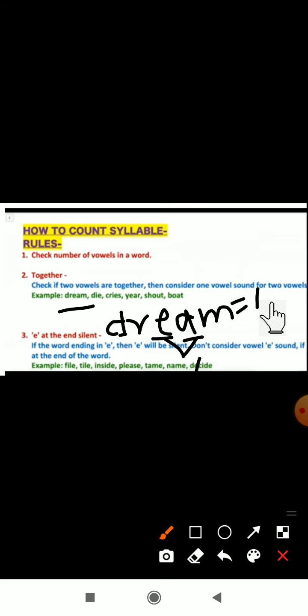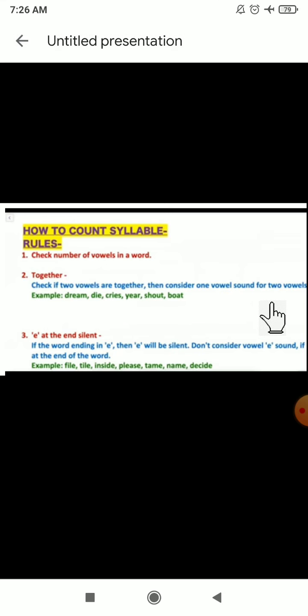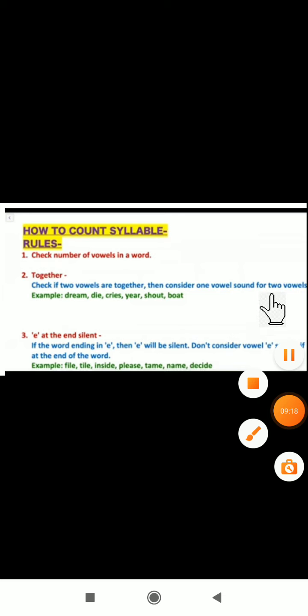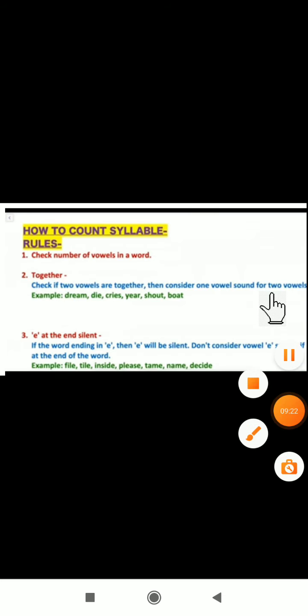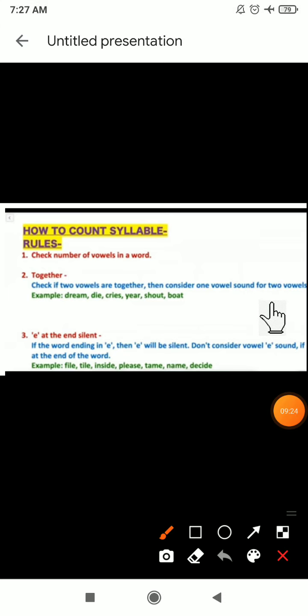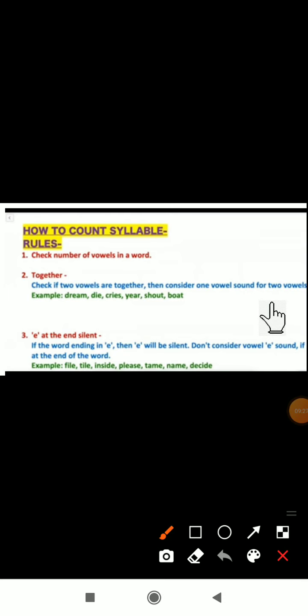Here is one more example I will explain to you. First we have to count the number of vowels. Now D-I-E, die. Check the number of vowels in the word. We checked, I and E. 2 are there, but they both are together. Second rule, they are together, so how are we considering?